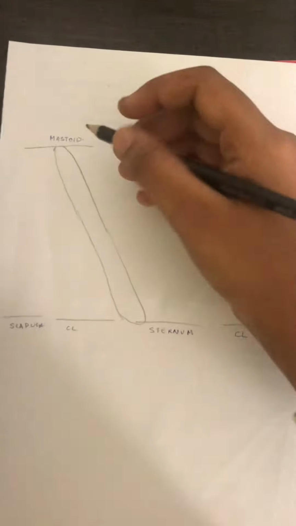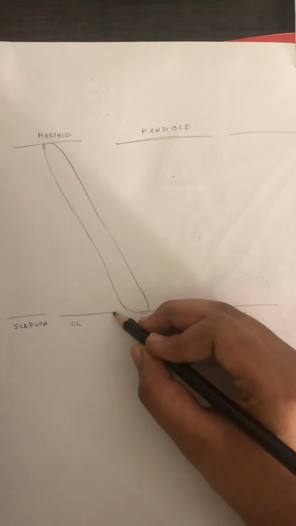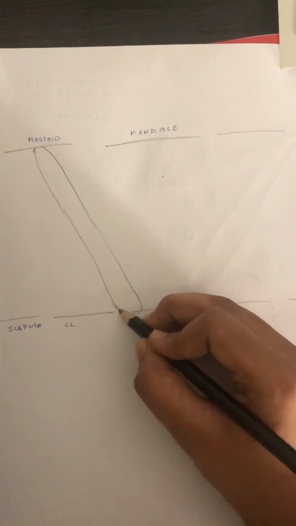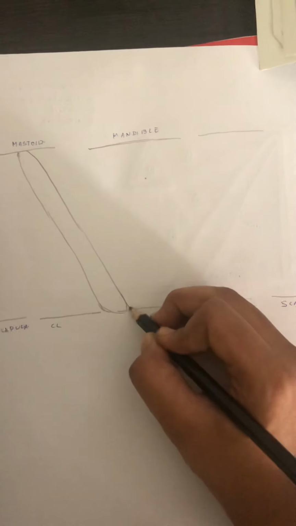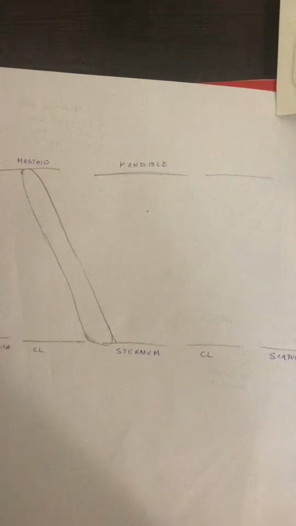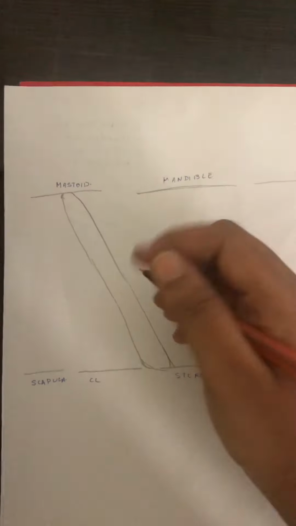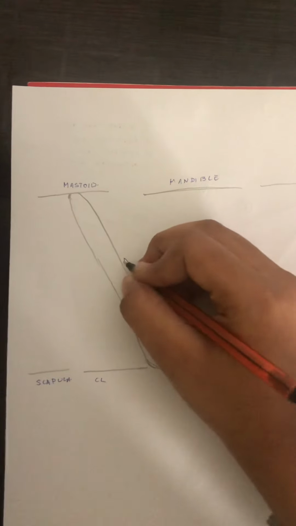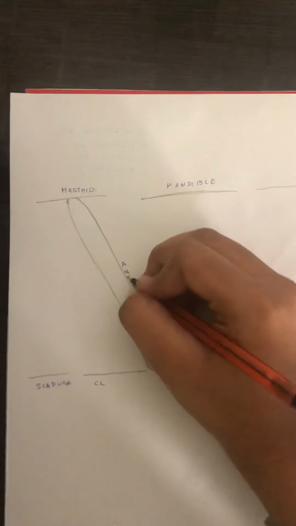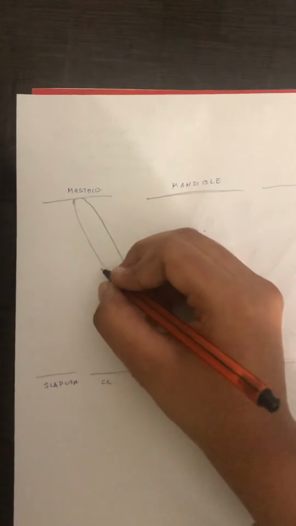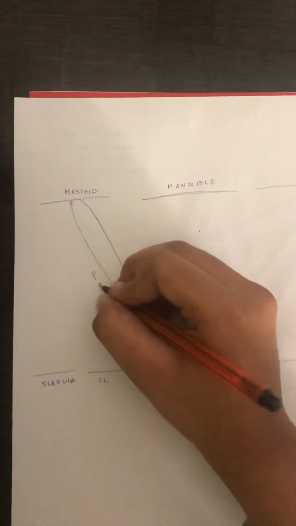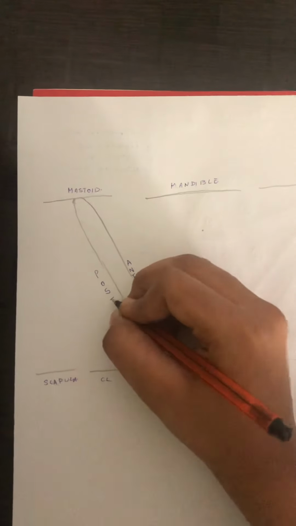So this is the sternocleidomastoid muscle. It joins from mastoid to the sternum. So this is the anterior border of the sternocleidomastoid, and this is the posterior border of the sternocleidomastoid.